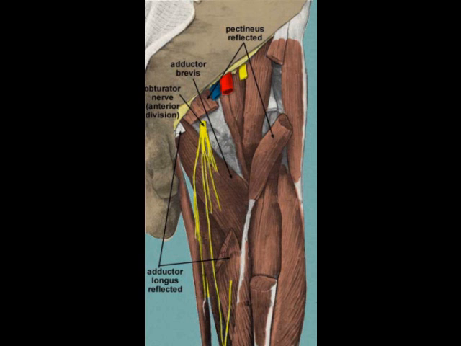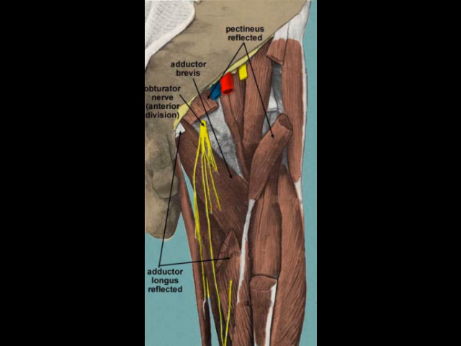Okay, this is just another picture of the muscles of the posterior or back part of your thigh where it connects to your pelvis. Just wanted to point that out. The adductors are very important. They can also be a source of compression or problems causing pain for your nerves. Okay, there's the adductor brevis, the pectineus.